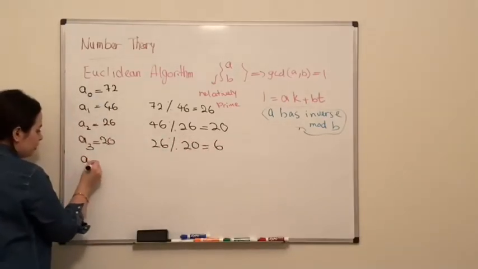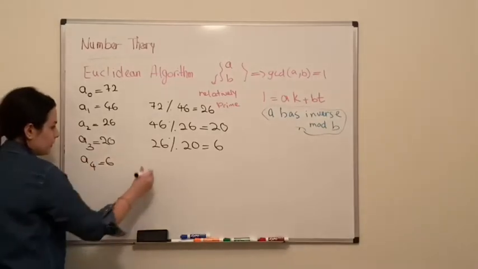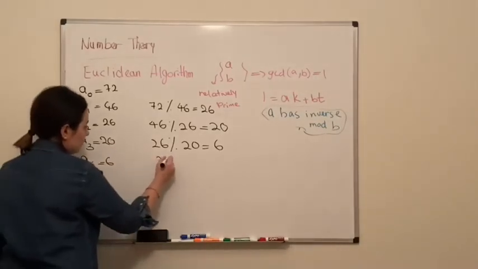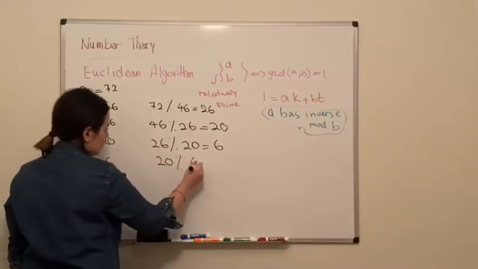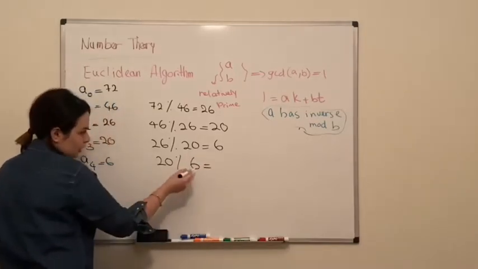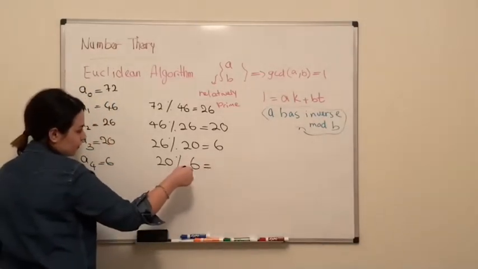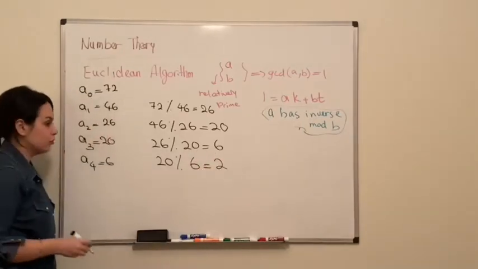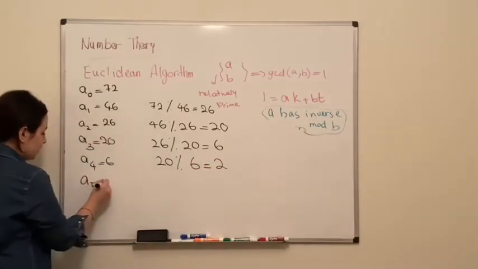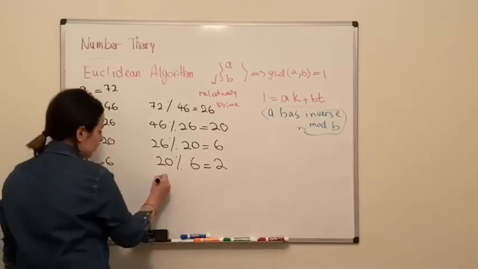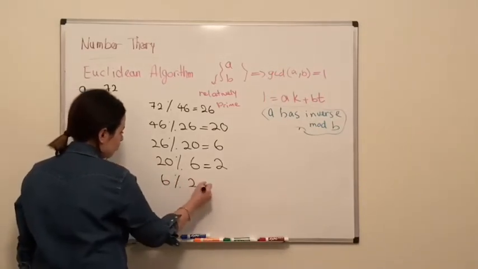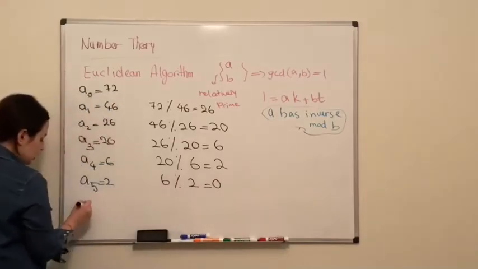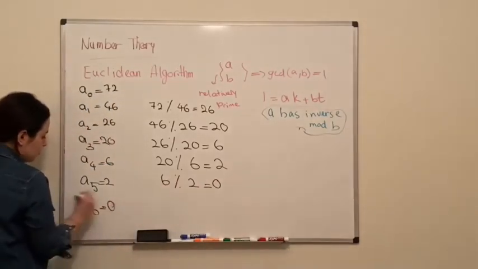So A4 is 6. Next, 20 mod 6, so if I divide that, it will be 3 times 6, which is 18, and the remainder is 2. A5 is 2, and finally 6 mod 2, which is equal to 0, and I have A6 as 0.